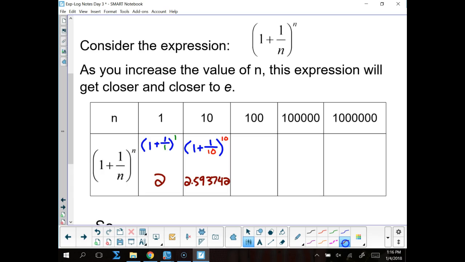All right. Let's go to 100. 1 plus 1 divided by 100, to the 100th power.